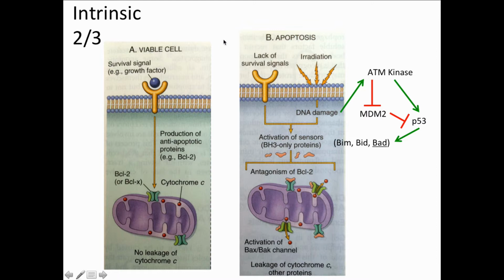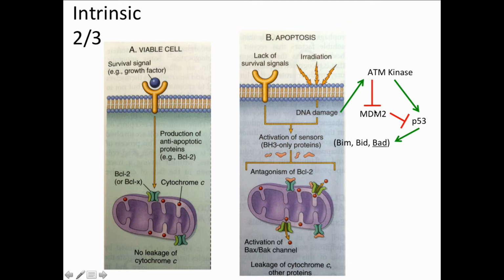Now, with apoptosis, what happens is the cell, which used to have some survival signal, now either lacks that, or there's radiation or whatnot that causes DNA damage. The cascade of DNA damage is pretty interesting. So first, what DNA damage does is it turns on a very important gene and protein called ATM kinase. ATM kinase, being a kinase, phosphorylates different targets, and for apoptosis, the targets that are most important are MDM2 and P53.